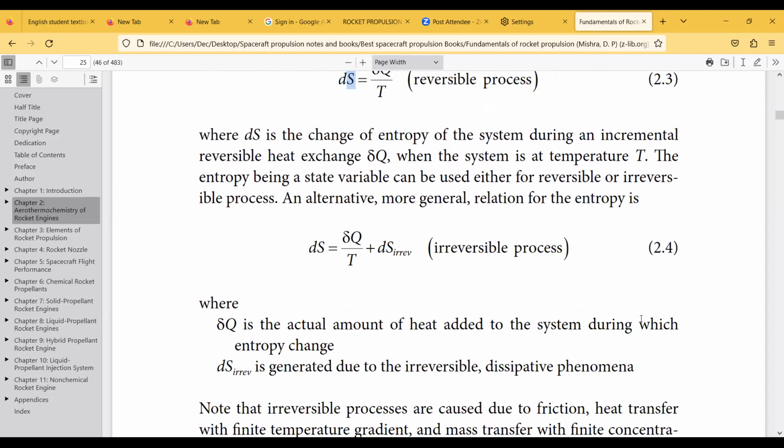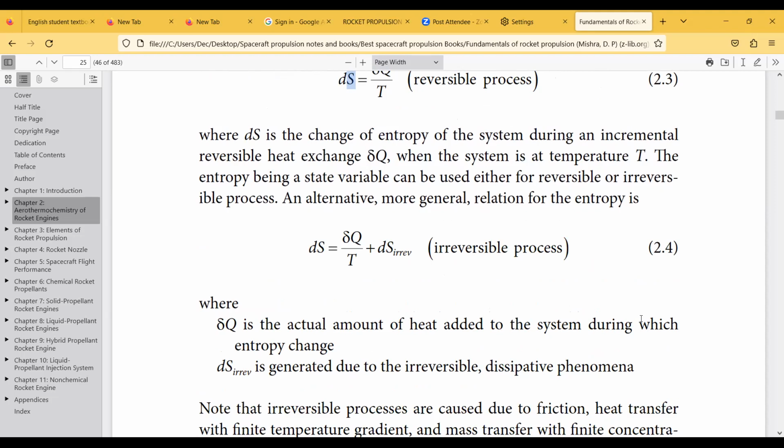The entropy, being a state variable, can be used either for reversible or irreversible processes. You know what a reversible process is, and you know what an irreversible process is. In an irreversible process, the process will not iterate or reverse, but goes only in the forward direction. But if it is reversible, then it can make a kind of loop.